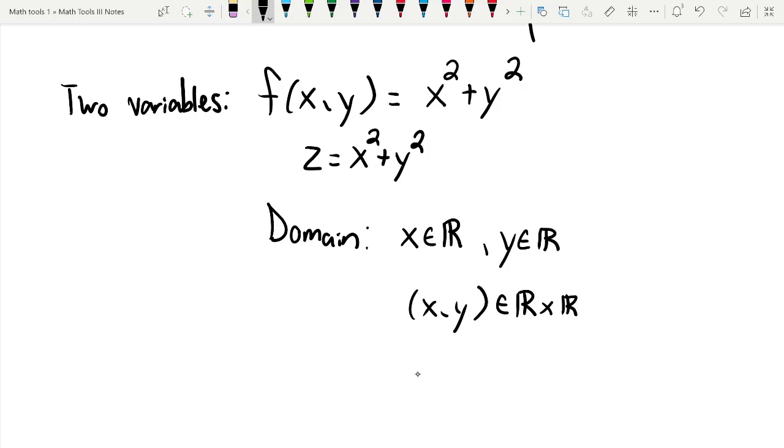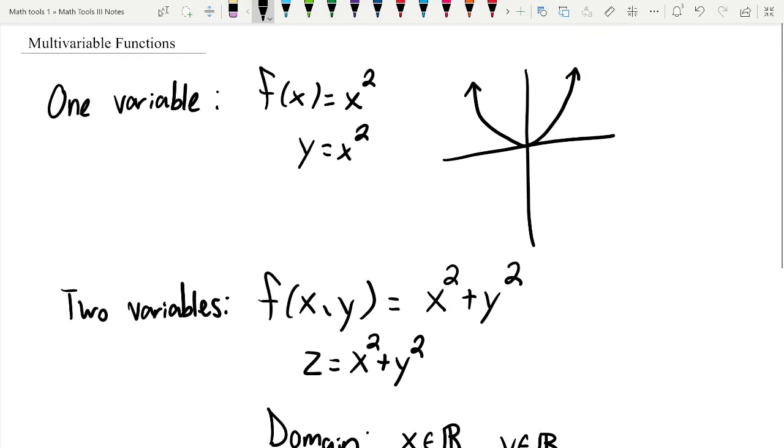But the more common way to write this would be that (x, y) is in what we call R2. Okay, so that's the idea: with 2 independent variables we're working in R2. R2 typically refers to, okay, you have the real line and then you have another real line. So this is a representation of R2.